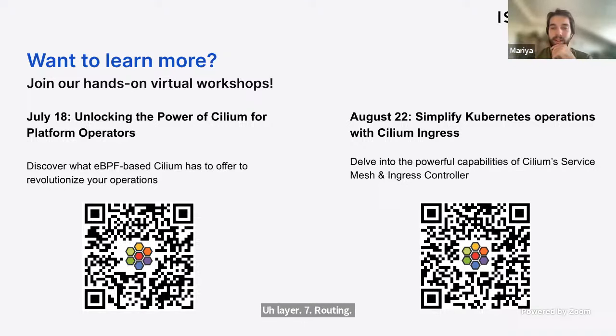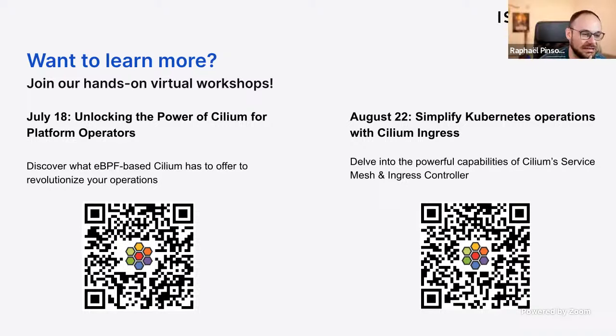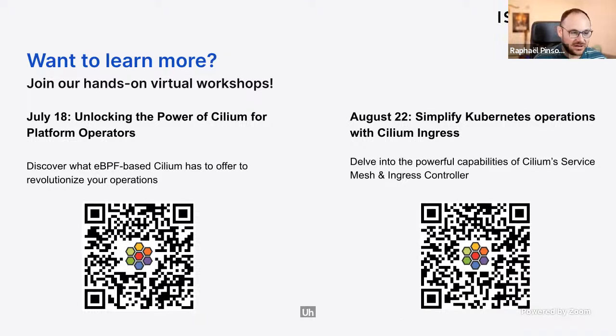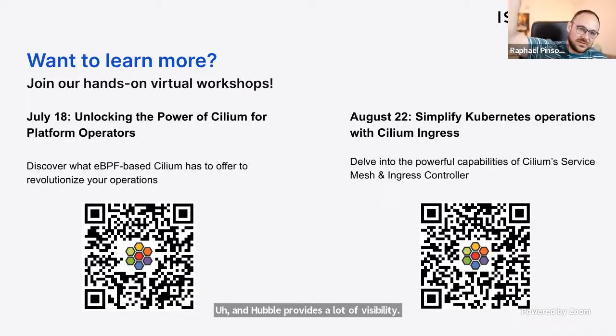And another one, any tips for debugging the networking setup in Kubernetes? For example, after setup of Ingress, service, pod, etc., somehow there are no responses coming back. So my tip, and I'm obviously biased when using Cilium, is that Cilium comes with a tool called Hubble. Hubble provides a lot of visibility from layer 3 all the way to layer 7, depending on how you configure it.